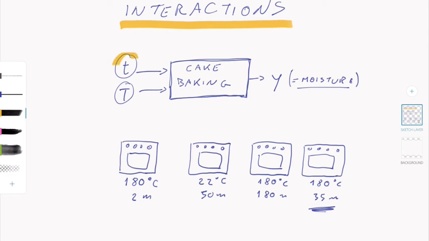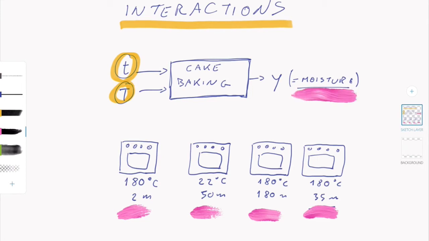That surely time and temperature are important themselves, but it is also very, very important to understand how we mix their values, because the effect of temperature on moisture, which is our output, our outcome, depends on the value of time.